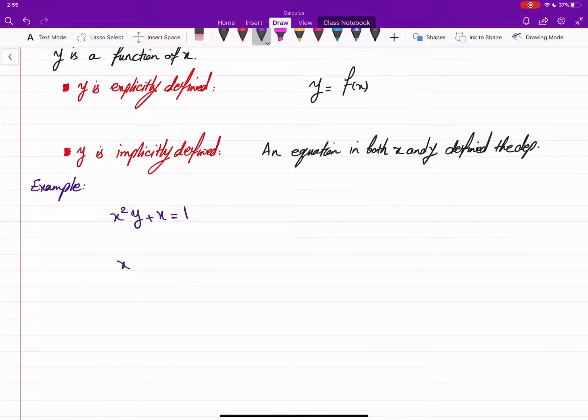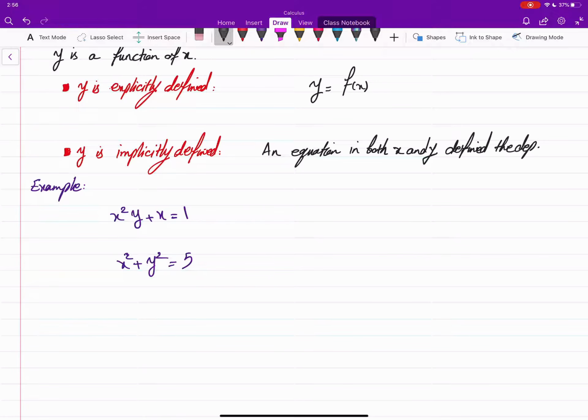Or we can have x squared plus y squared equals 5. Both of them are equations in x and y, and through this y can be given as a function, or depends on x.